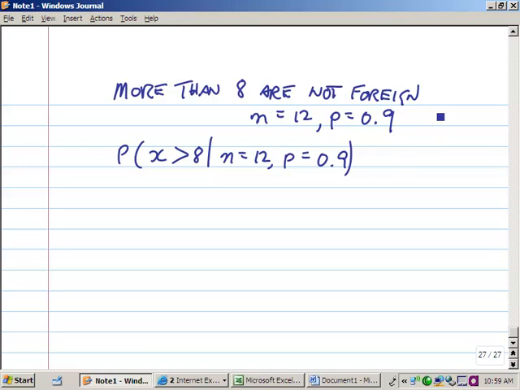The other way you can do it, some of you may have done, is to say that if we've got foreigners and not foreigners, you could have 0, 1, 2, 3, 4, 5, 6, 7, 8, 9, 10, 11, and 12. If you've got 0 foreigners, that means you've got 12 non-foreigners, right? If you've got 1 foreigner, you've got 11 not foreigners, etc.